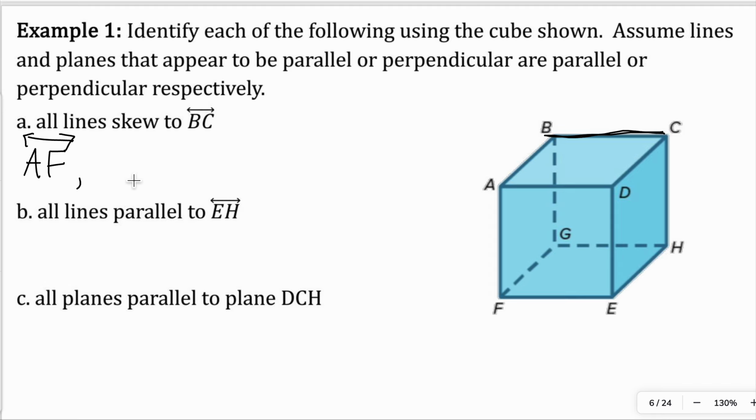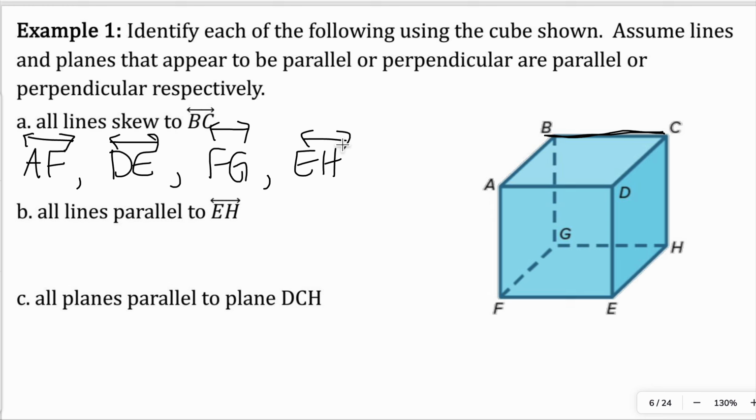Another one that would be skew, you could say line DE. You could also say line FG. And then you can also say line EH. Okay, so all of those are skew lines because they are not intersecting and they are not coplanar.